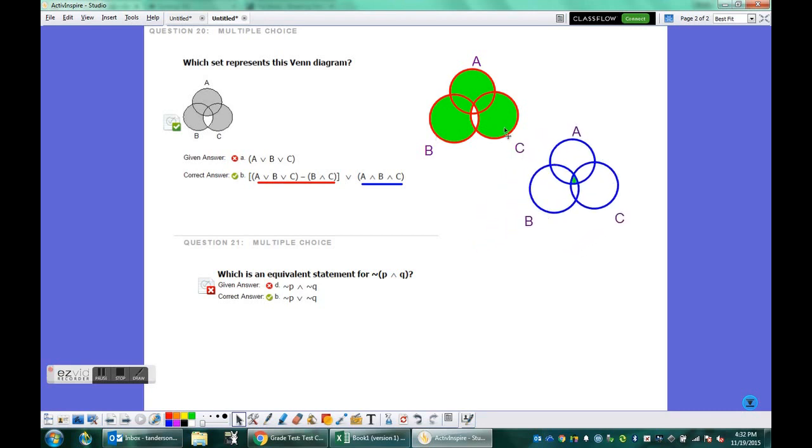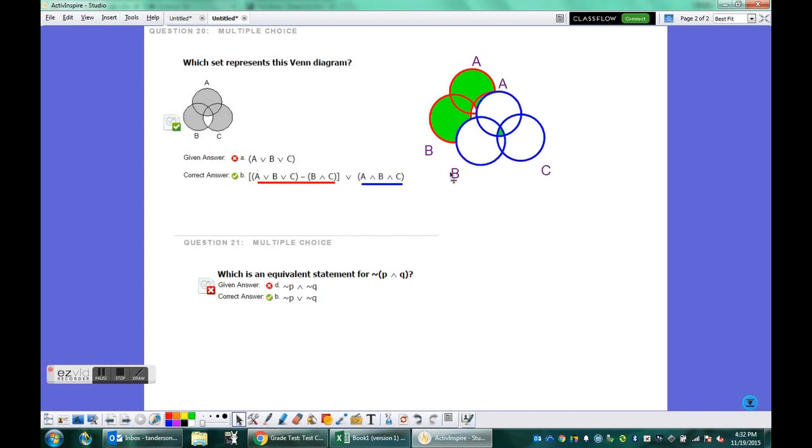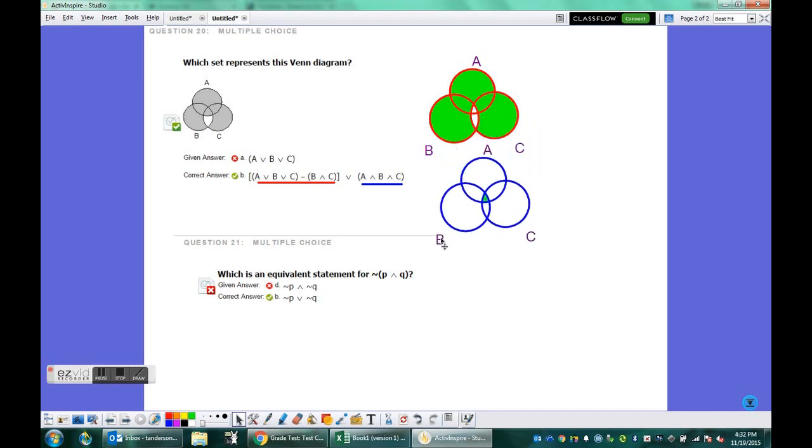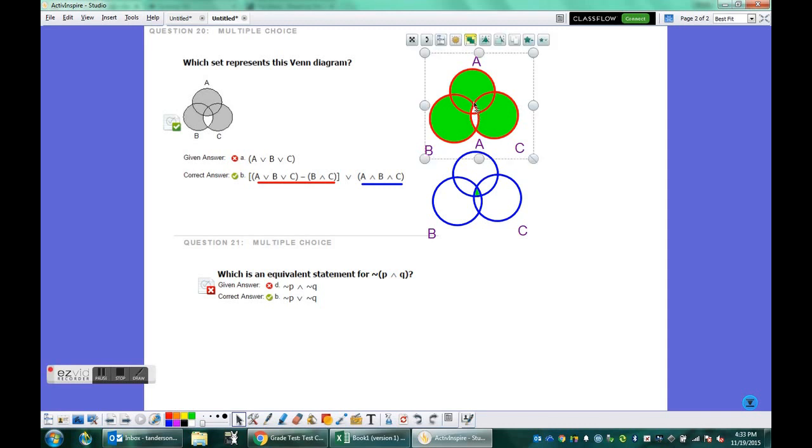Okay. So now, when I go to look at this, I've got an or statement. So that means I can either be in this Venn diagram or this little piece. So I'm going to actually overlap these, if it'll work out here. I don't think it's going to let me overlap them. But if you were to look at this top Venn diagram, the only part that is missing, that is included in the other piece, is this little chunk right there in the center.